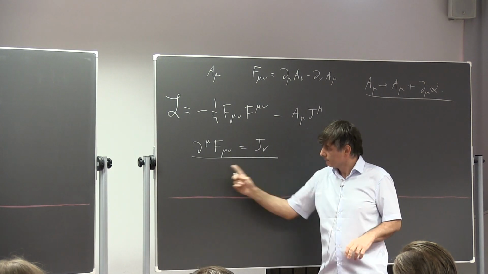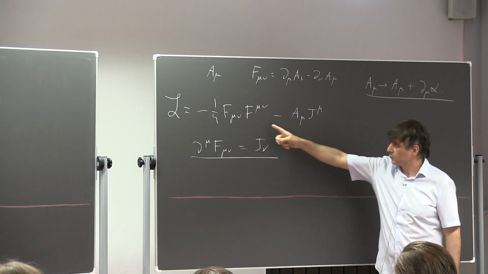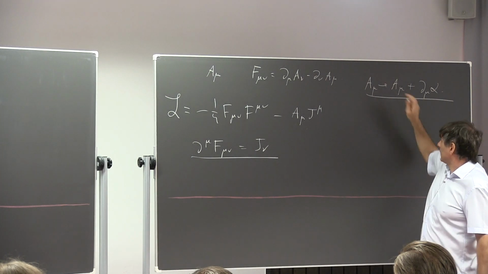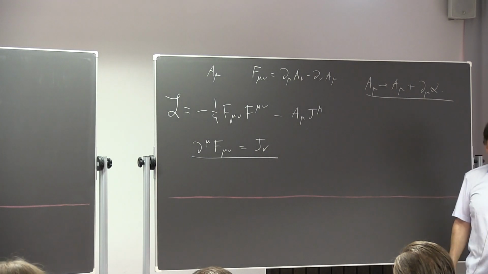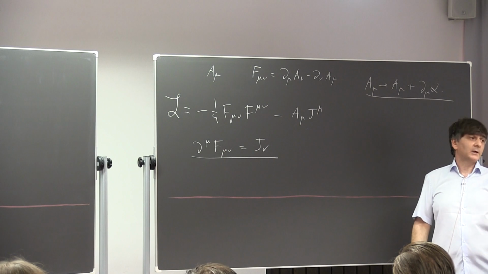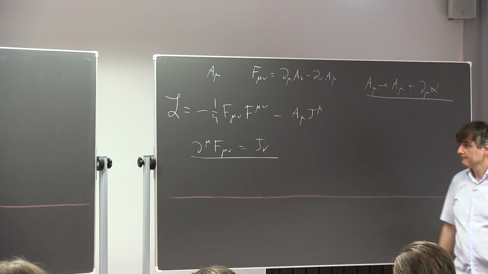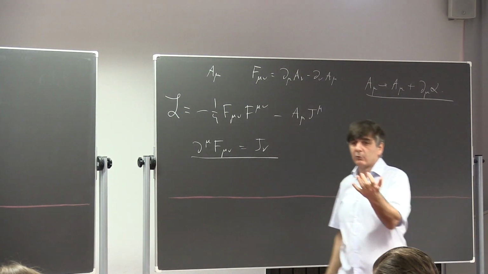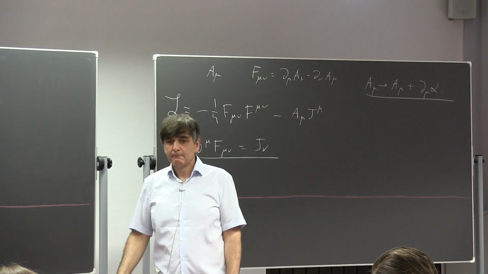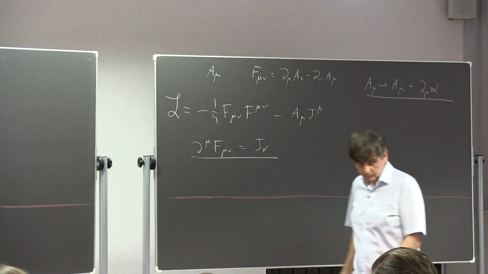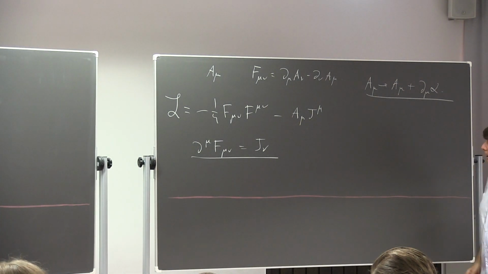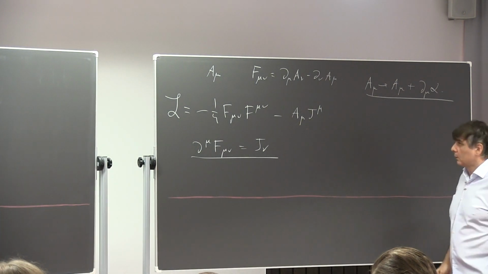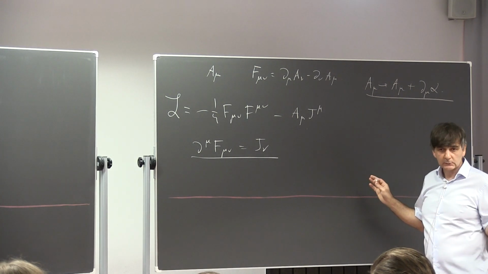We say, once I choose my theory in this way, there is a gauge redundancy. This gauge redundancy I can use to kill some degrees of freedom. So I would say, it's a 4-vector. I would have 4 independent functions, but I can impose a condition, by choosing the gauge, to kill some of these degrees of freedom.